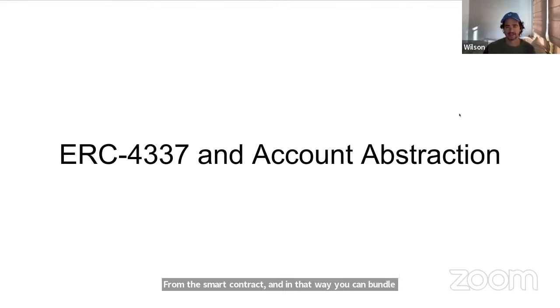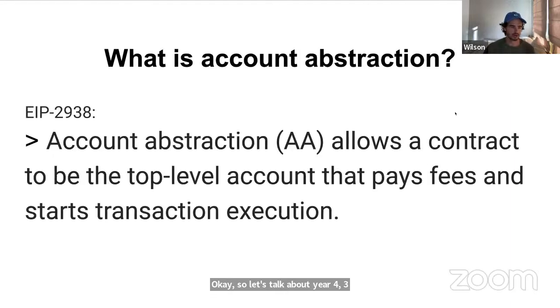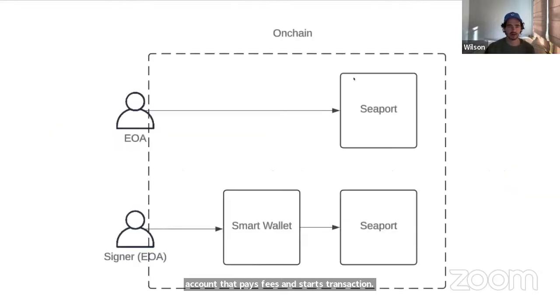Okay, so let's talk about ERC 4337 and account abstraction. What do people mean when they say account abstraction? This quote I have here is from another EIP: account abstraction allows a contract to be the top level account that pays fees and starts transaction execution. So if we go back to our diagrams from earlier, you have an EOA that makes a transaction. One of the historic problems with smart wallets is that you had to have funds on 2 different addresses.